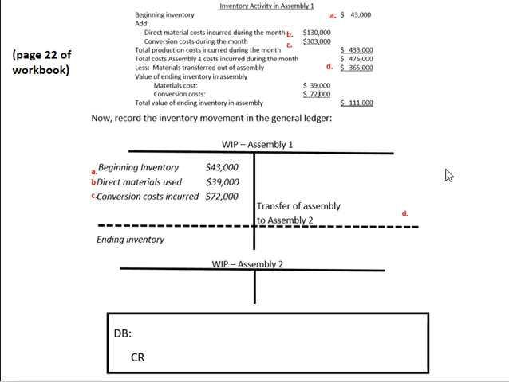Now we record the materials transferred out of assembly. This is the entry that we need to make to transfer the items out of the assembly department. You can see it's $365,000, and you can see the entry down here. We credit $365,000 out of assembly 1, and we debit that to assembly number 2.